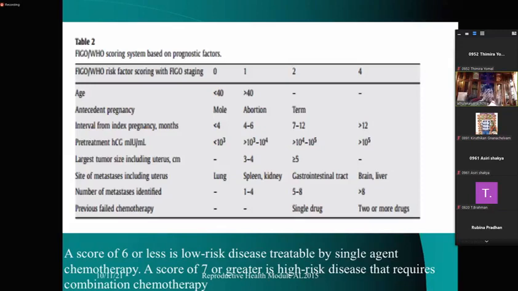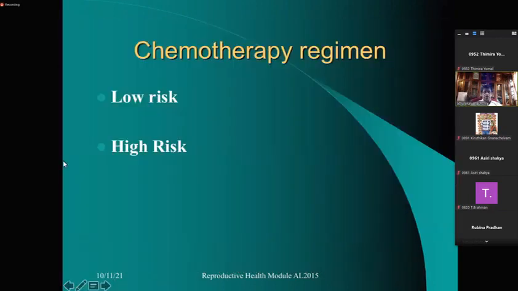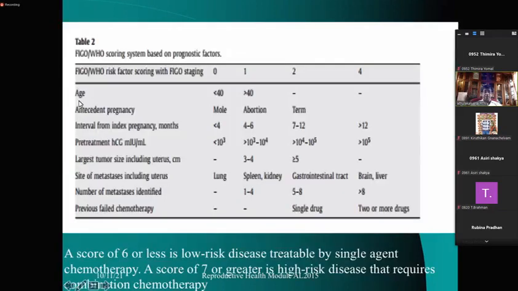Your next level of treatment will depend on this assessment, which is a scoring system that will give you the prognostic indicators. These are the indicators commonly used: age, and what was the previous pregnancy? That means, did the choriocarcinoma follow a H-mole or an abortion or ectopic pregnancy or what?